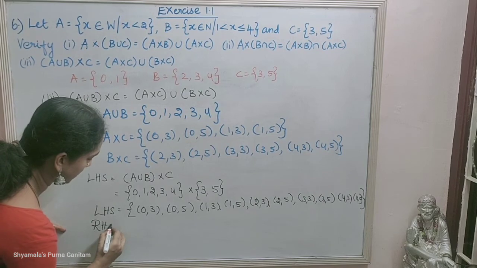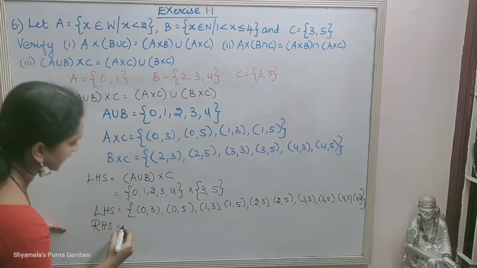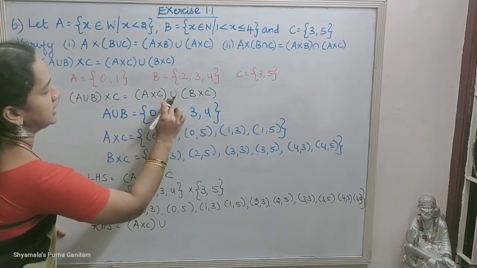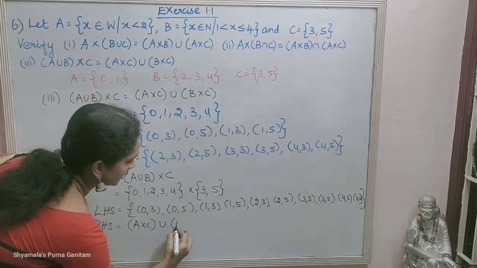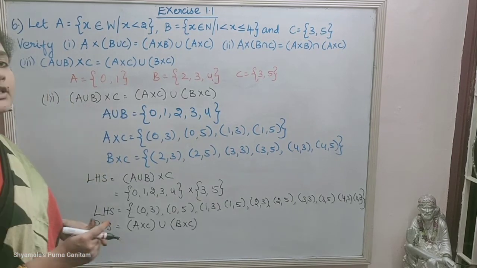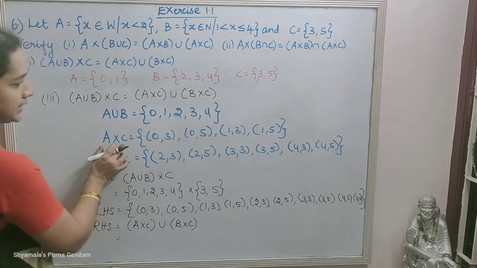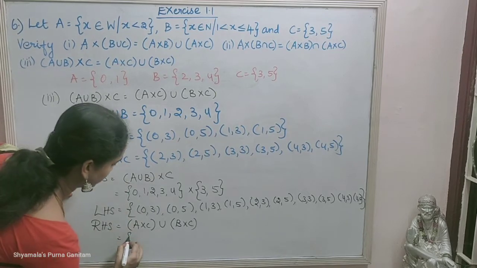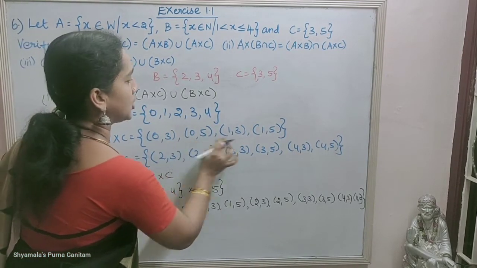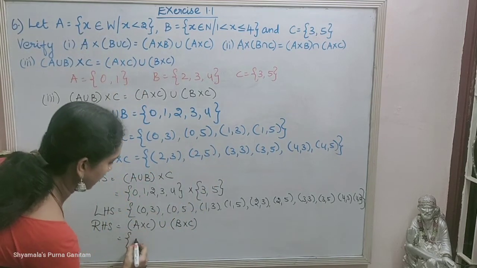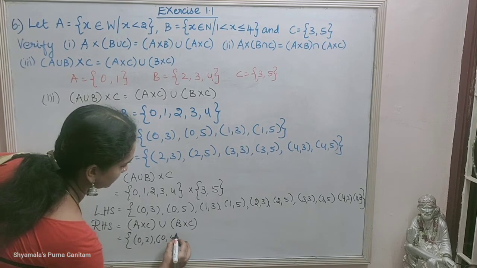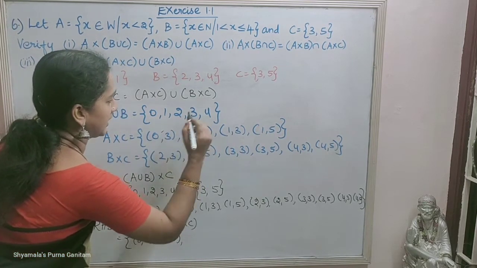Then RHS is (A cross C) union (B cross C). So we have to find the union of these two sets, that is A cross C and B cross C. So first we will take (0, 3), (0, 5) from A cross C. These two we have taken.